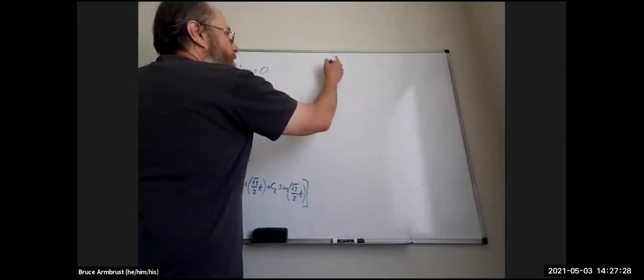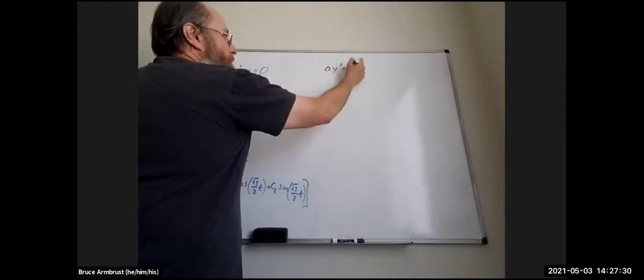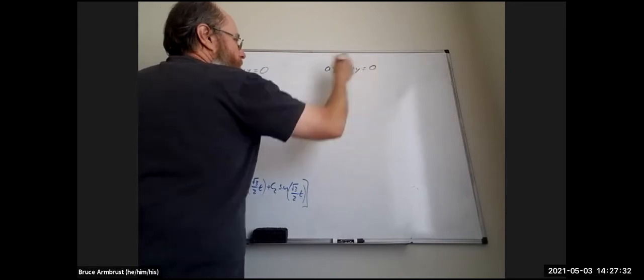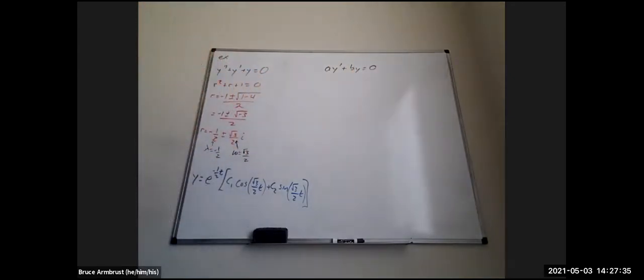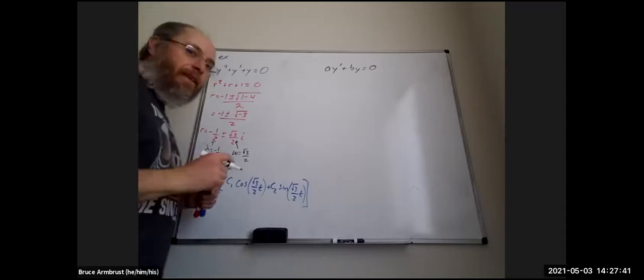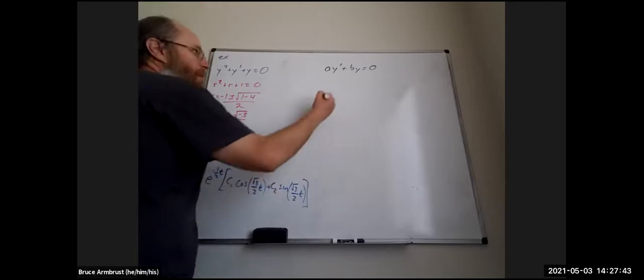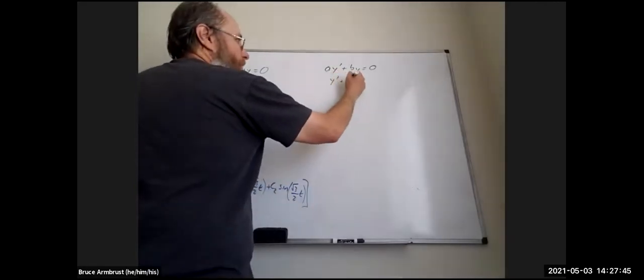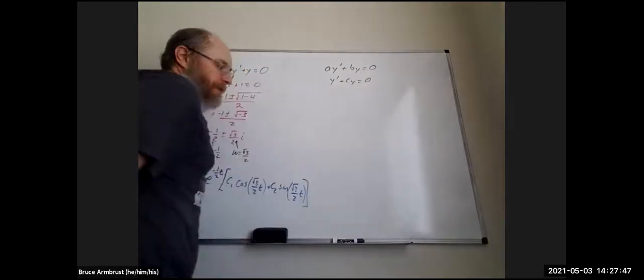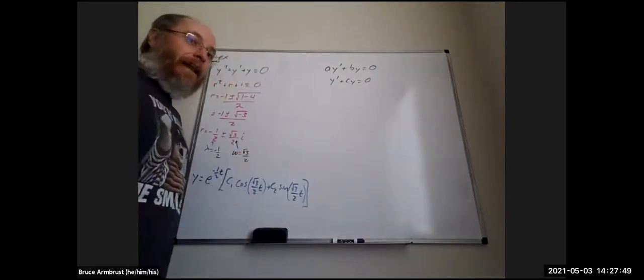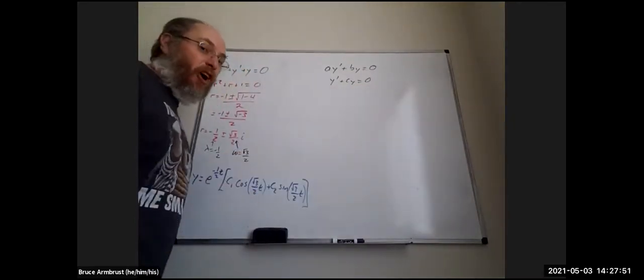So we're going to have a y prime plus b y equals 0. Now, this can end up looking like y prime plus c y equals 0. And I want to think about how we solve that.